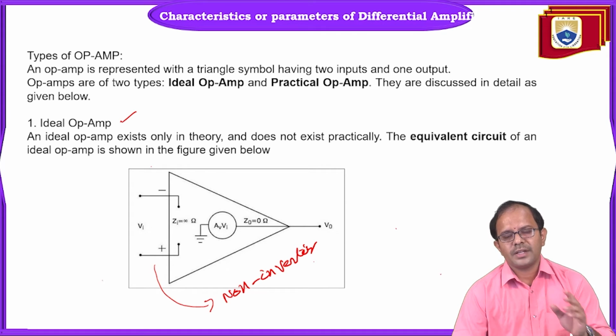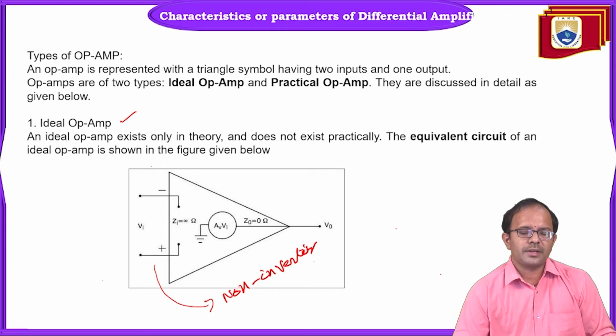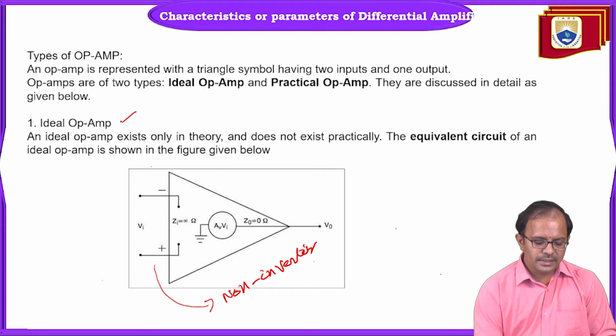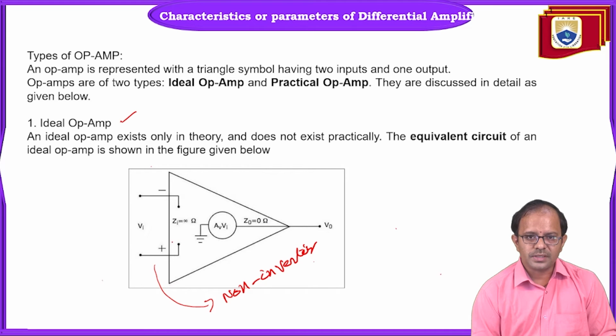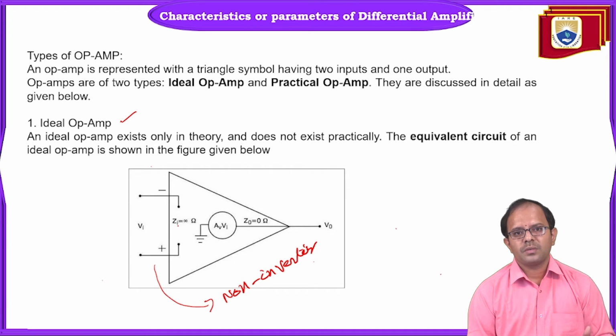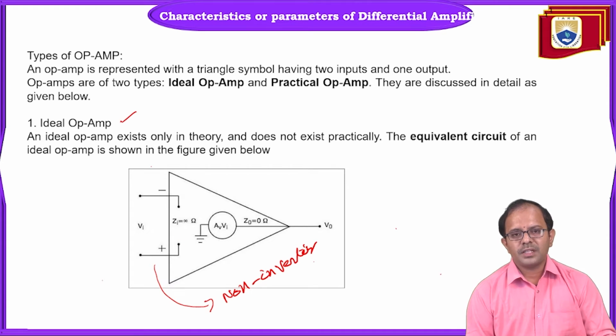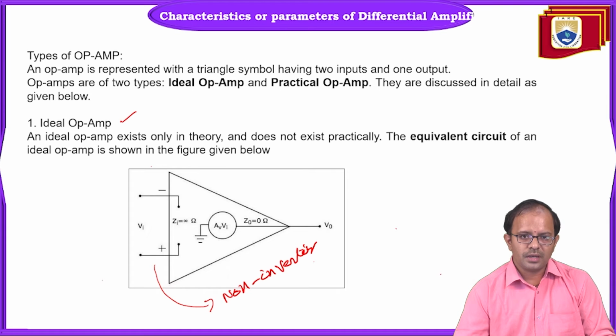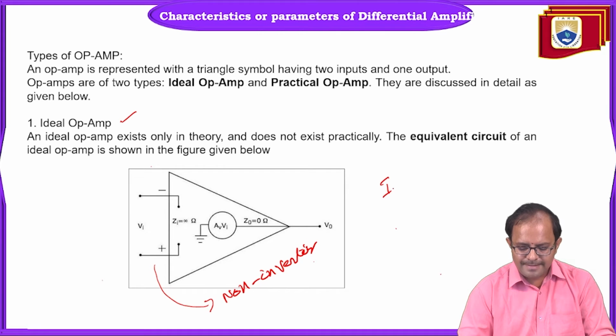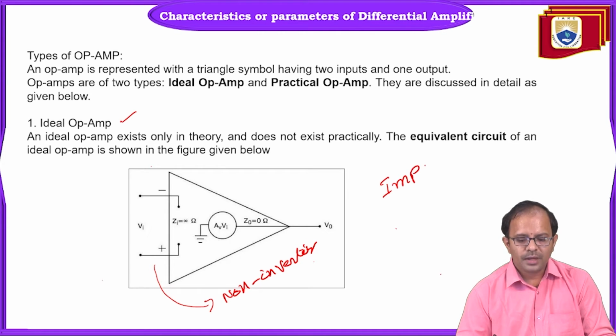Right? Let us dive directly into the operational amplifier. In the case of the ideal operational amplifier, if you look at the input impedance, this is an amplifier. Similar to your basic common emitter, common base, common collector amplifier, what does an amplifier consist of? It consists of impedance and gain.